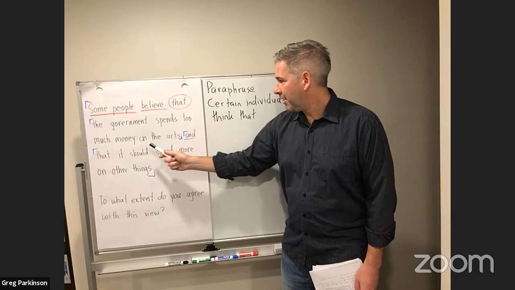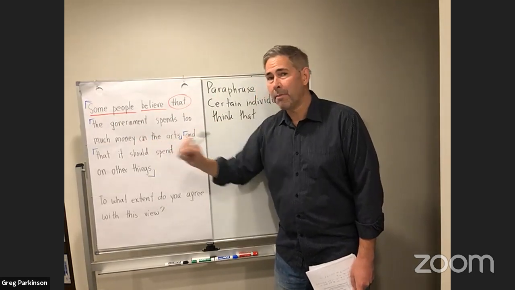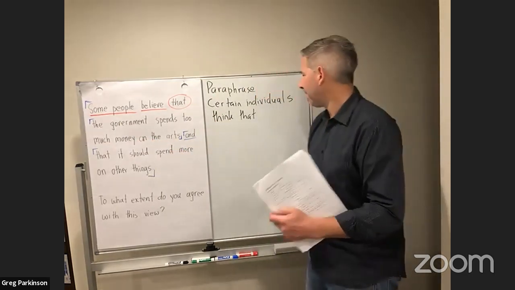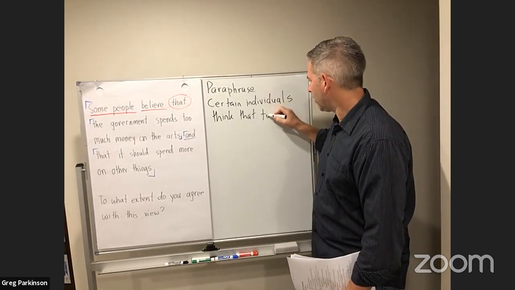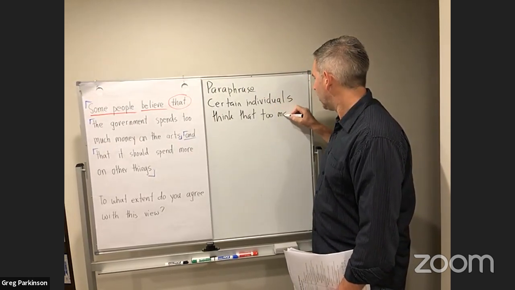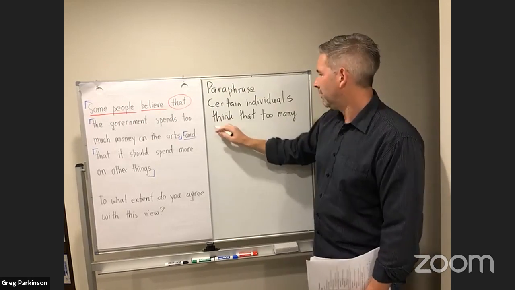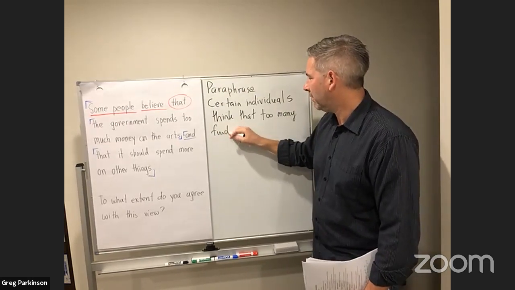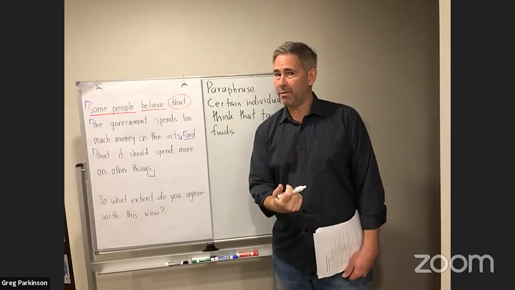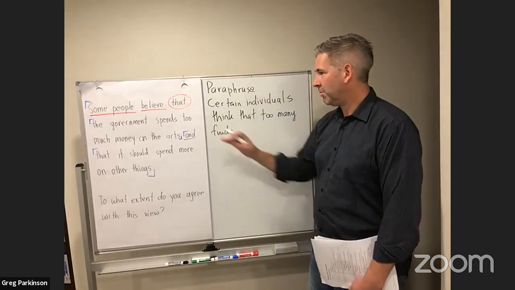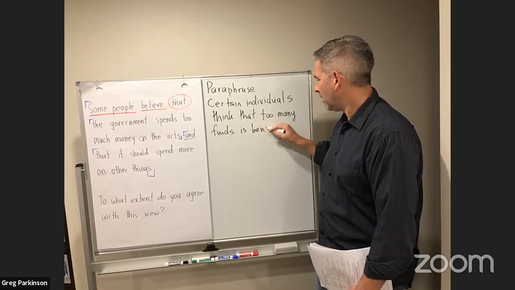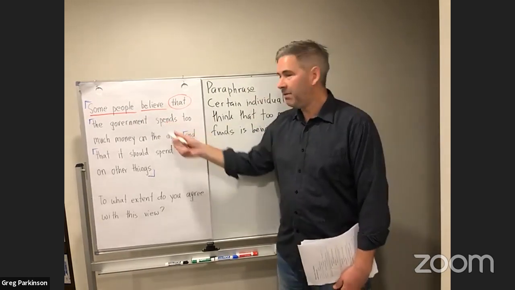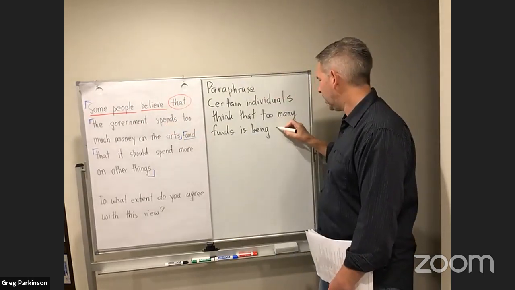I'm going to take money. I'm going to use a synonym for money. Too many funds, right? So funds is a nice way of paraphrasing money. Too much money. Now, spends, here's one for you.